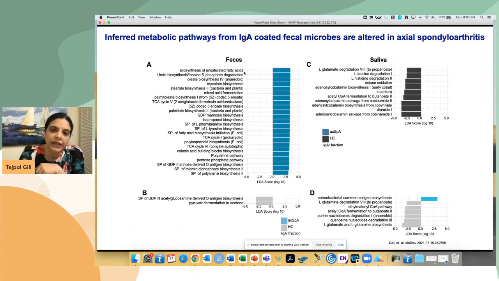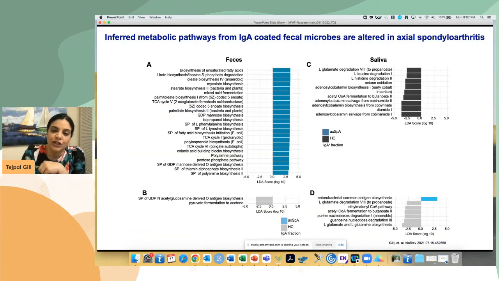You can appreciate that in the fecal samples, we observed an increased relative abundance of multiple pathways which belong to inflammatory pathways as well as metabolic pathways belonging to amino acid biosynthesis. However, in contrast, in the saliva samples, most of the pathways were actually decreased in patients with axial spondyloarthritis.